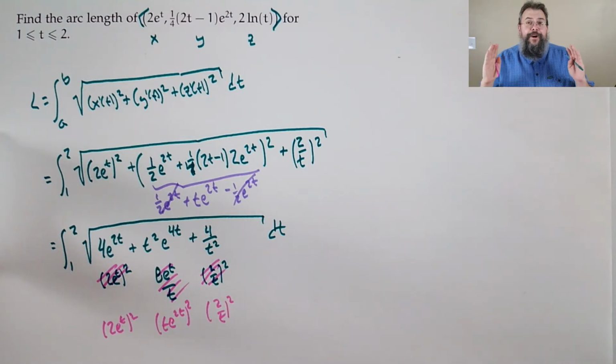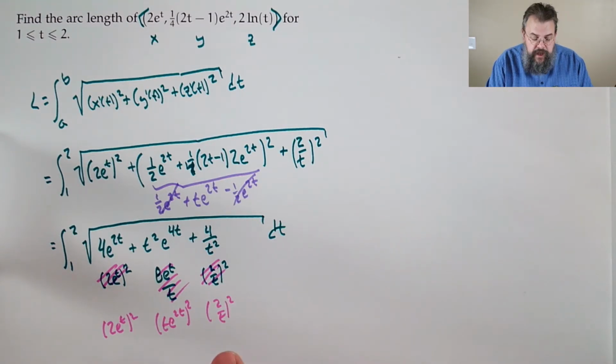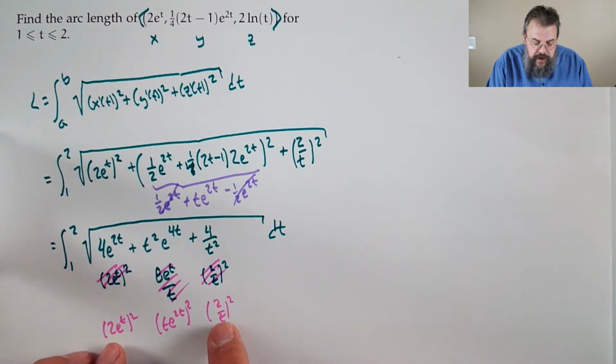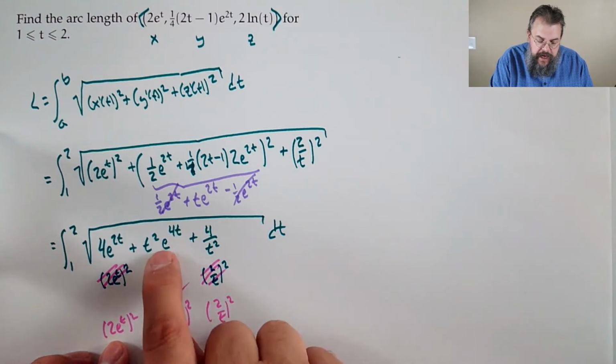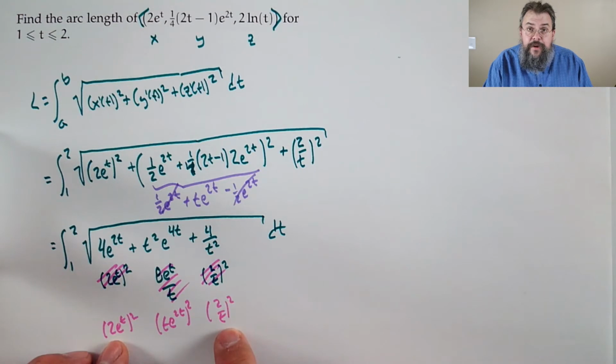I'm thinking it's a quadratic, so I should have an a squared, a b squared, and a 2ab. So let me see if it works. I can pick which one should be the a squared and the b squared. The way we check is to say, well, what about the other term? Is it 2ab? If we started here, we saw the middle term doesn't match. So that's not going to work.